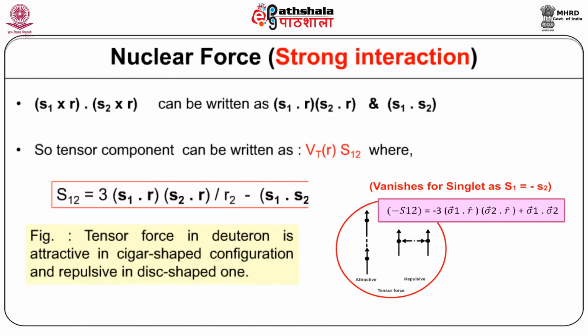In the cigar shape, the two spins are parallel but one over another, so the tensor force is attractive. But when the arrangement is like a disc, that is when they are parallel and separated by some distance, then this tensor force is repulsive in nature.